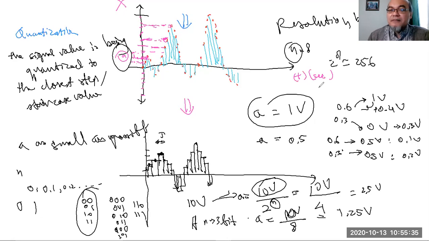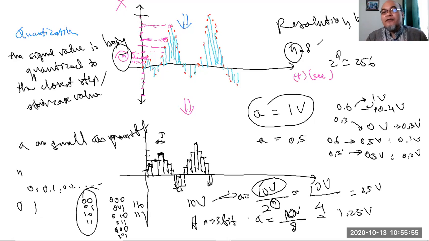However, of course, this comes with a cost, similar to the discretization process. In discretization, if you want your data to represent the analog signal more closely, you sample more, and sampling more requires more energy.